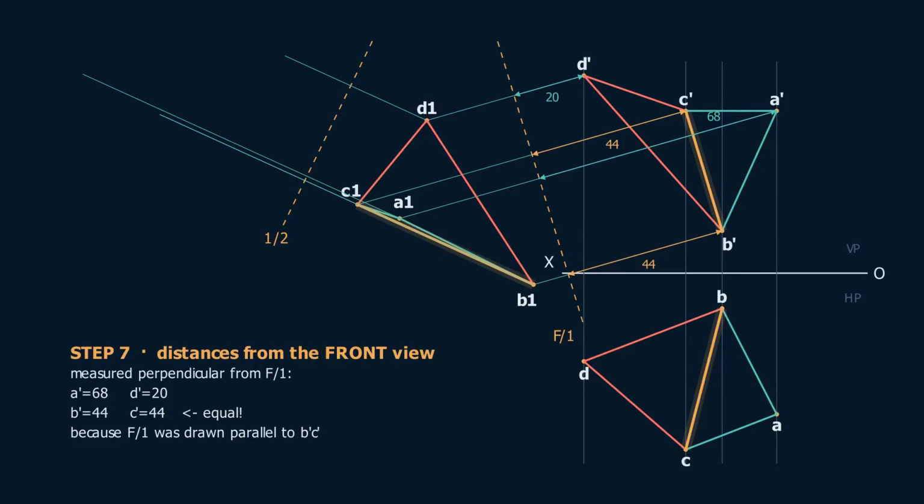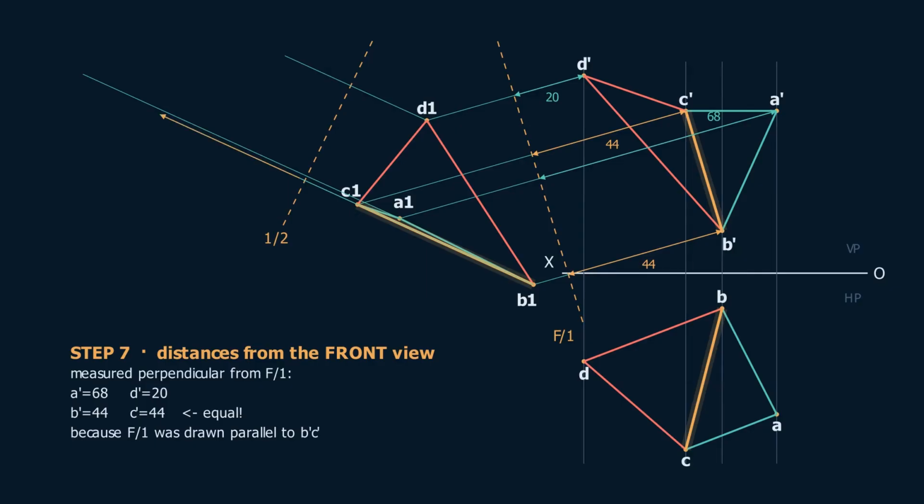A prime is 68. D prime is 20. And now look carefully at B prime and C prime, both of them are 44. They are equal, and they had to be equal, because we drew F1 parallel to B prime C prime in the first place. That equality is your guarantee that BC is going to close to a single point.